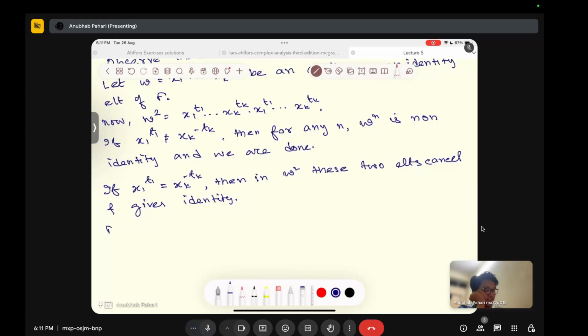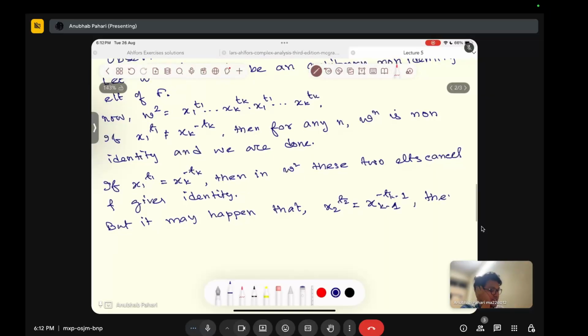But it may happen that x2 to the power t2 equals xk minus 1 to the power minus tk minus 1.